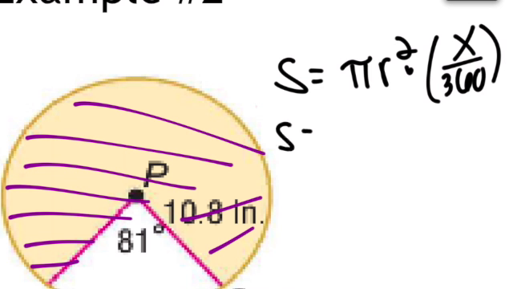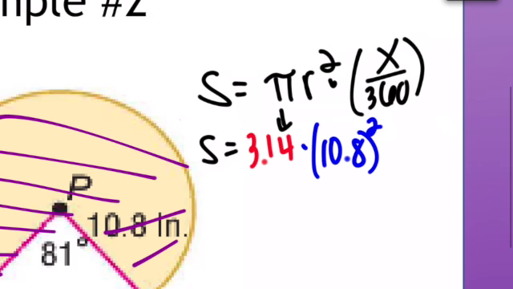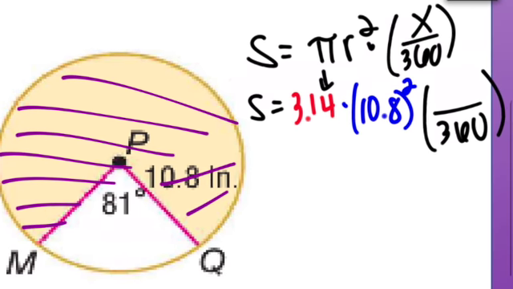We know pi is equal to 3.14. We know the radius is 10.8, and then I have to square it. And then we just need to figure out what the x over 360 part is. That's the only part we need to know here.